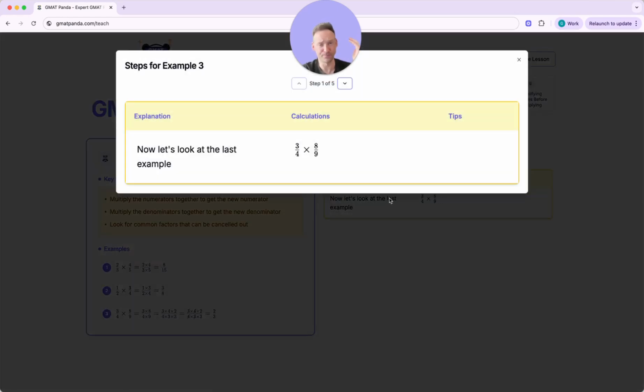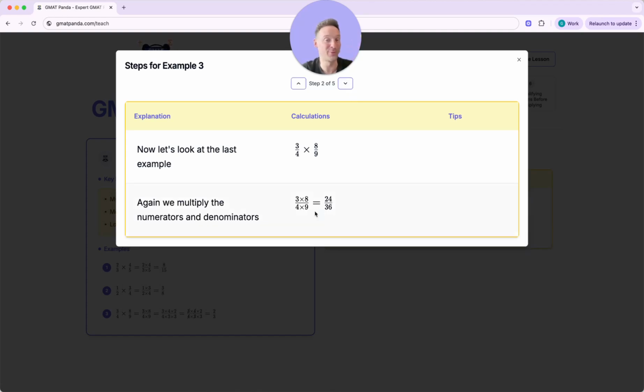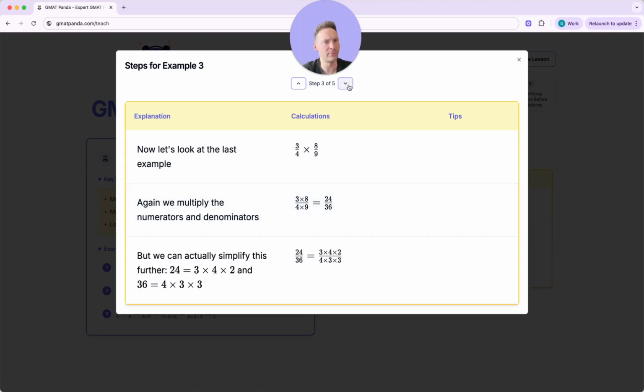In this case, we're doing 3/4 times 8/9. The normal way to do this would be to multiply the numerators together and the denominators together. So 3 times 8 equals 24, and 4 times 9 equals 36. At this stage, your teacher in school would probably tell you to turn this into its simplest form, in other words, simplify the fraction.